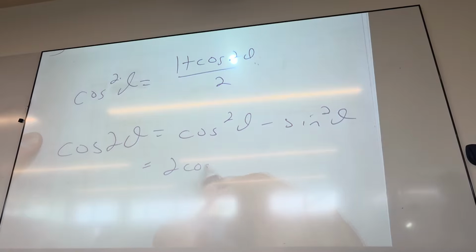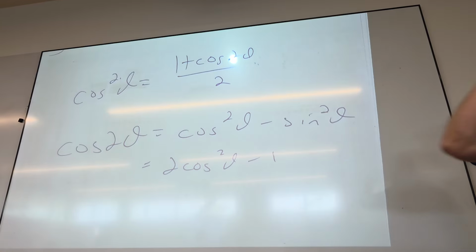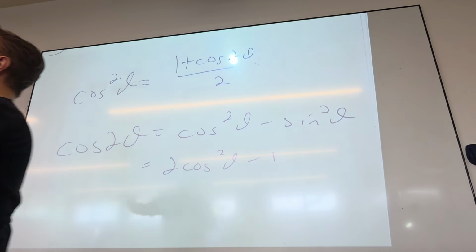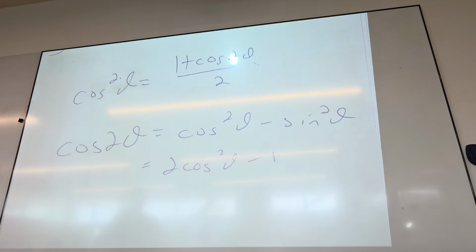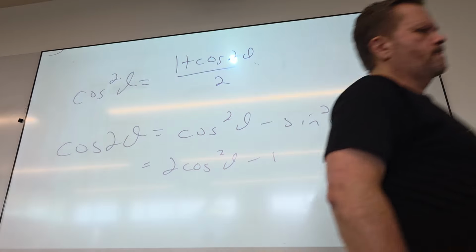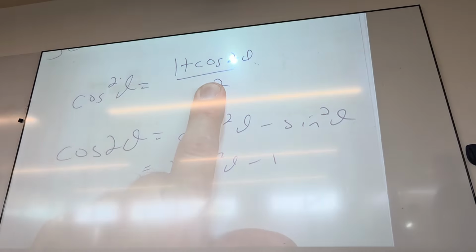This would be 2 cosine squared theta minus 1 if I replace sine squared with 1 minus cosine squared. You guys follow? So what I really hate is letting you believe you have to memorize each trig identity by itself. That's insane. Most of them are linked with other ones, so I can build from them. So if I just solve for cosine squared, I get this.